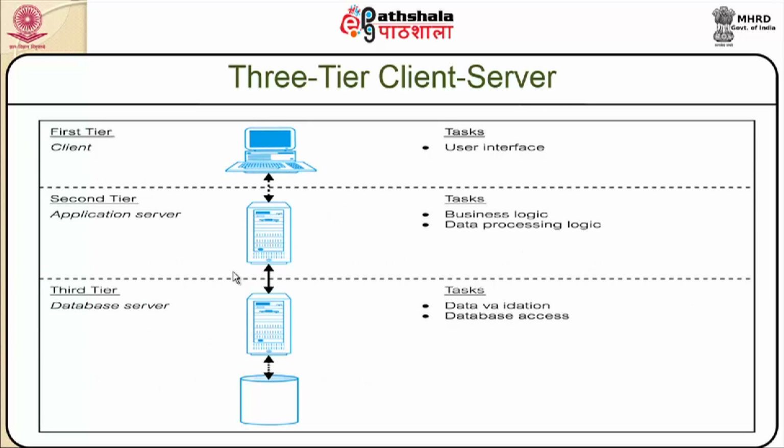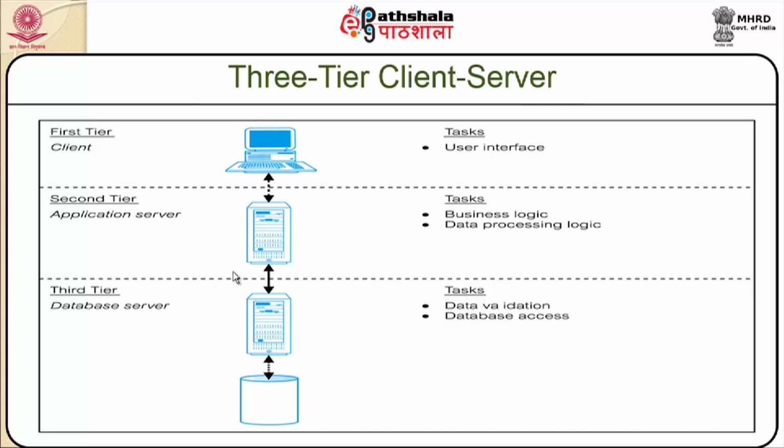So, this is the representation of a three-tiered architecture, where the first tier represents the client, the second tier represents the application server, and the third tier represents the database server. The major task of the client is the user interface, the application server takes up the job of business logic and data processing logic, and the database server takes up the job of data validation and database access.